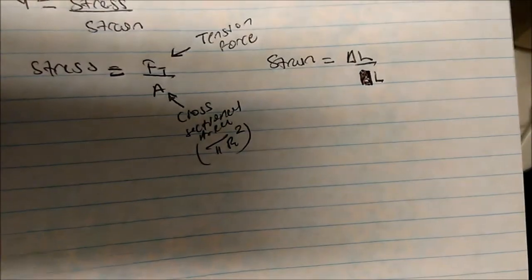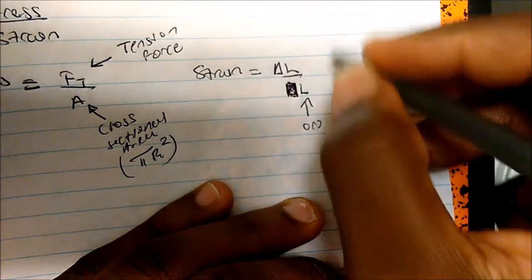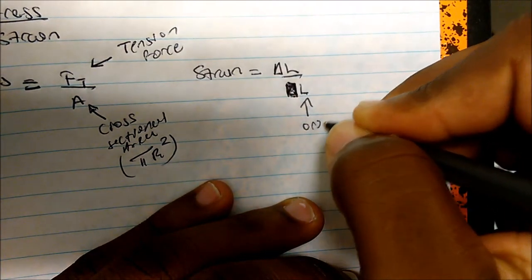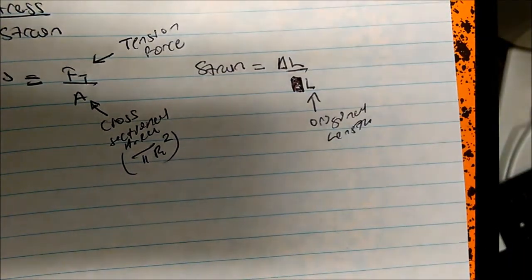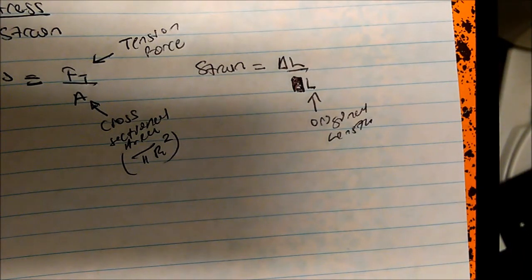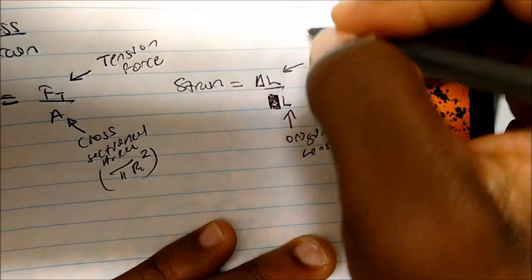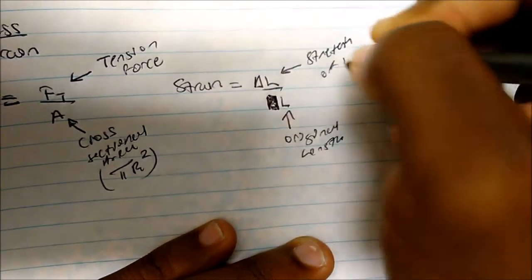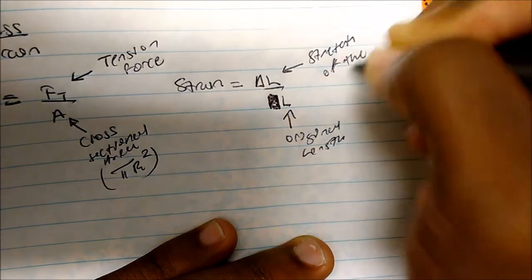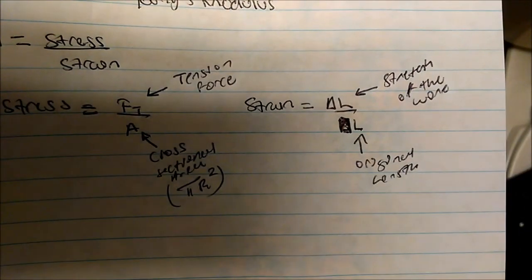Now L is the original length. And then delta L is the stretch of the wire. In most cases, we're talking about solid materials. We usually talk about wires.